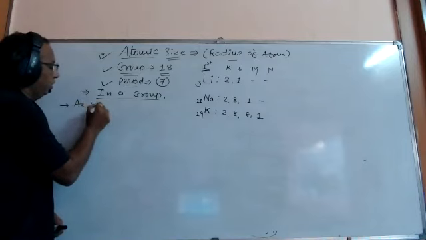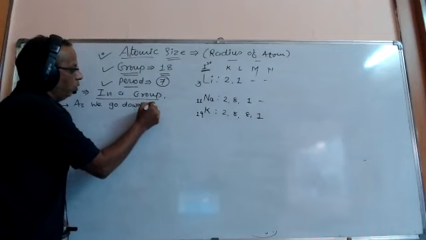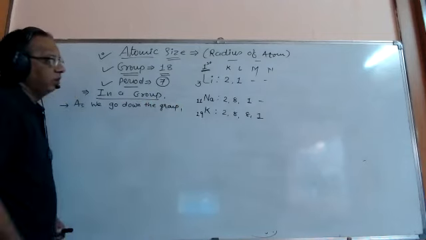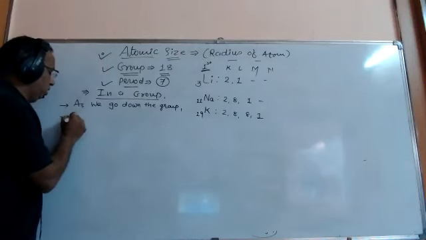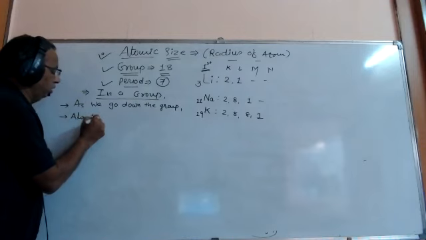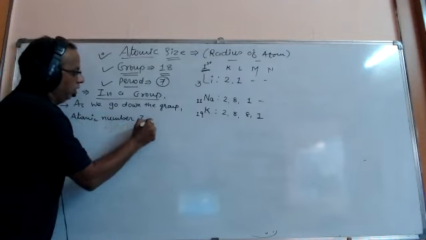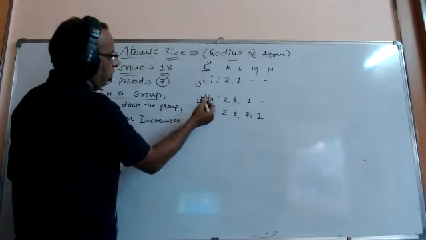As we go down the group, the atomic number increases. You can see 3, 11, 19.